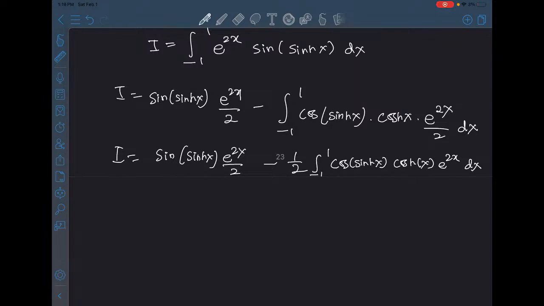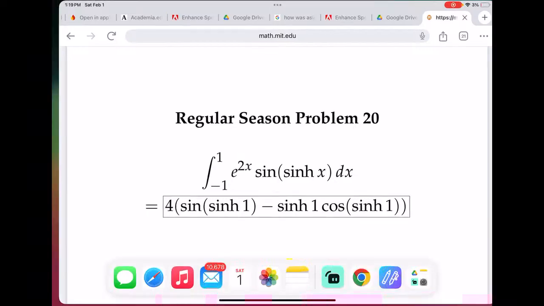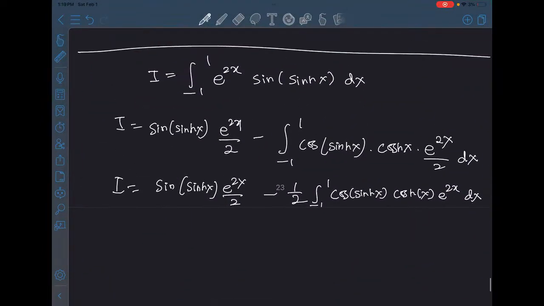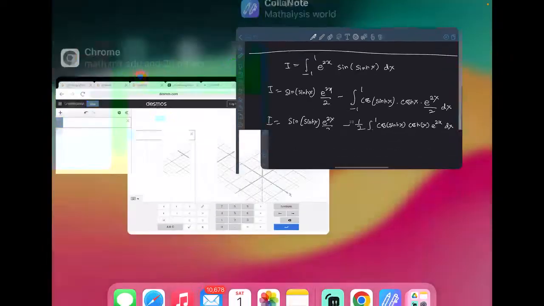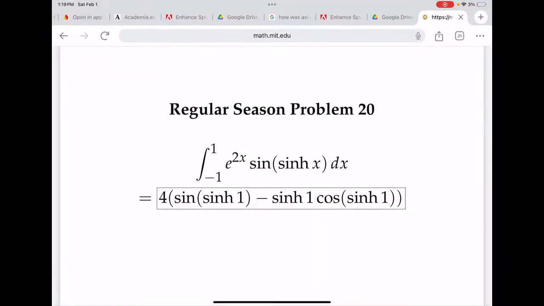Now what? Guys, now what? How is there no e in the solution? Like how in the solution there's no e?